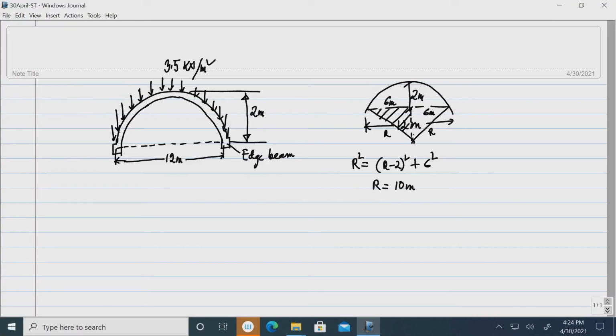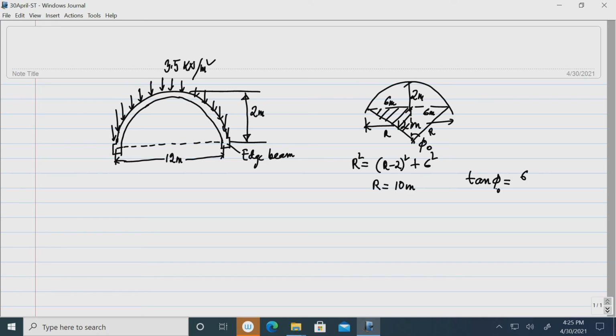So, let us find out what will be the value of phi. Say this is the value of phi here and this angle is constant angle. So, say this is phi naught.